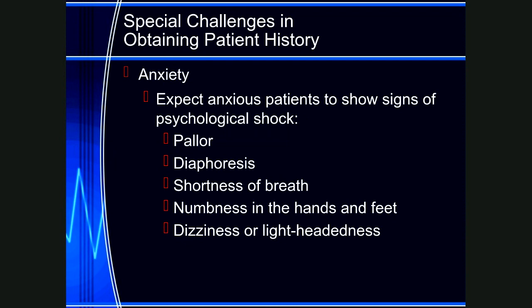Carpopedal spasms, meaning painful cramping of the hands and the fingers and the feet. They may have dizziness or lightheadedness, which could be an underlying medical condition. So sometimes you can't get good information from the patient, but we try to do the best we can.